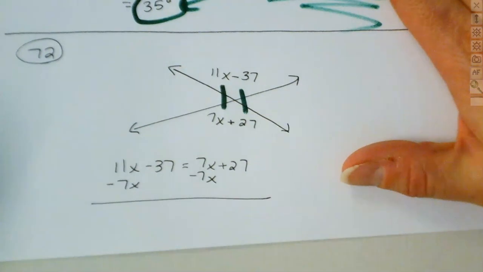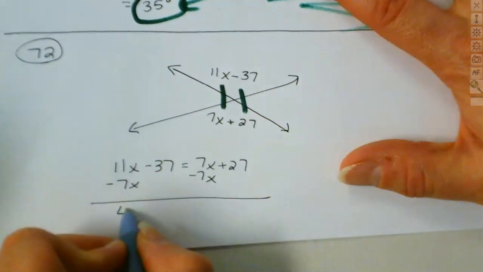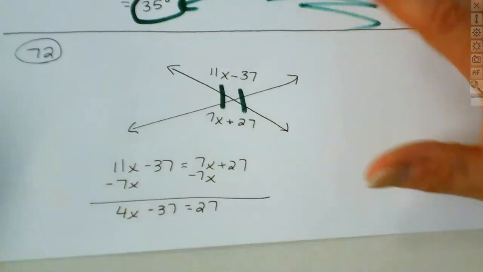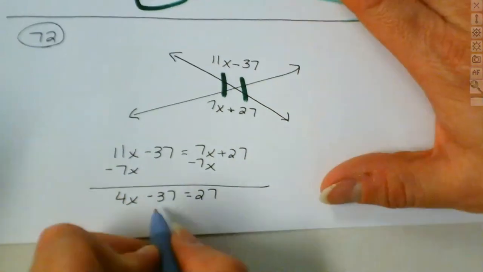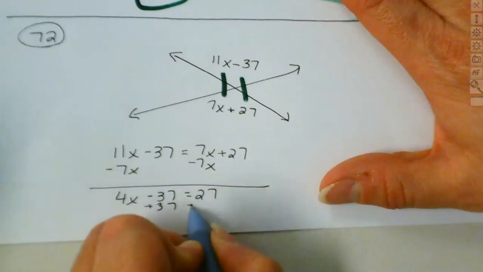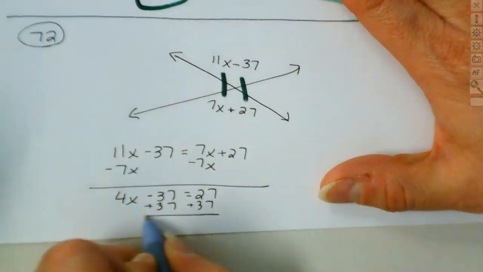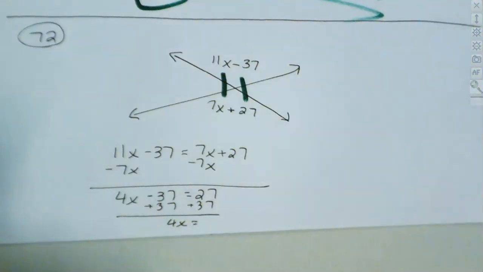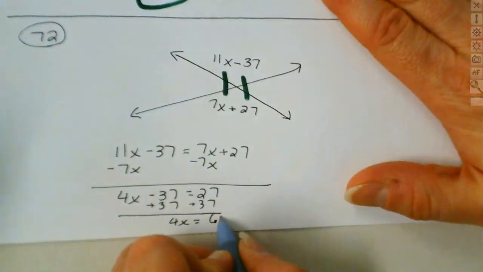And 11 minus 7, that leaves you then with a 4x minus 37 equals your 27. And we're going to add that 37 over. And now we've got 4x equaling 27 and 37, so that should make it a 64.